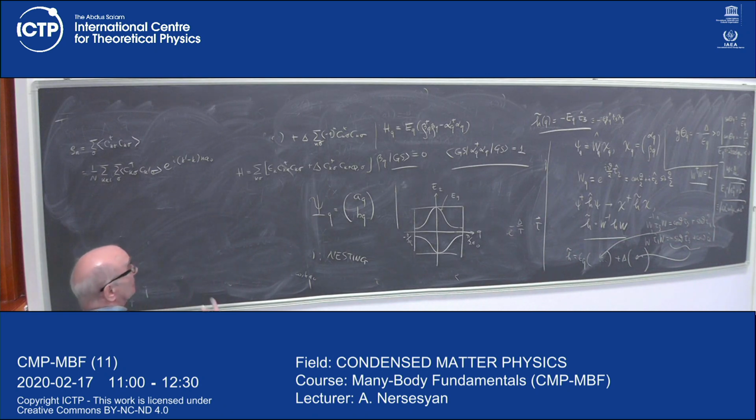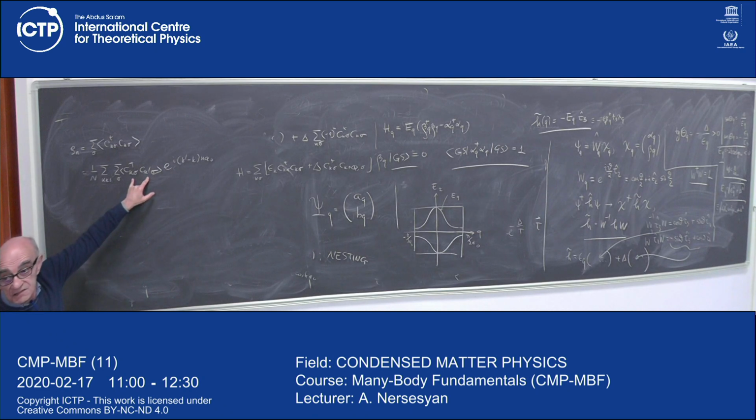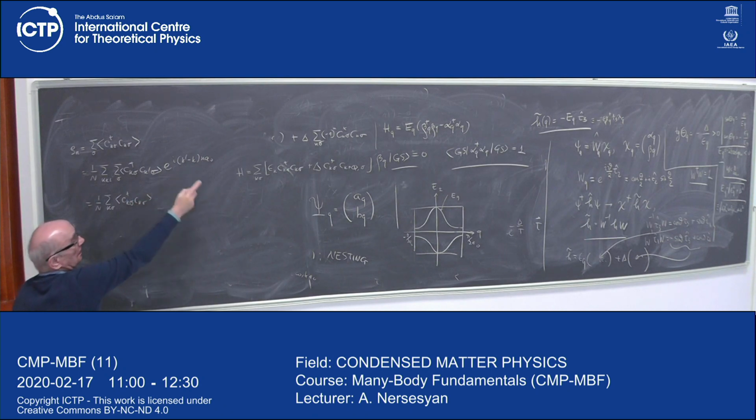Now from this I conclude that this average may be non-zero in two cases. When k prime is equal to k, we have c_{k sigma} dagger c_{k sigma}, and here I have nothing else because k prime is equal to k.